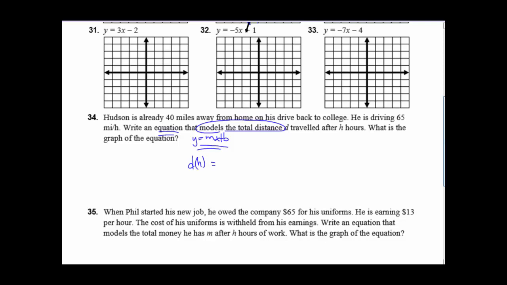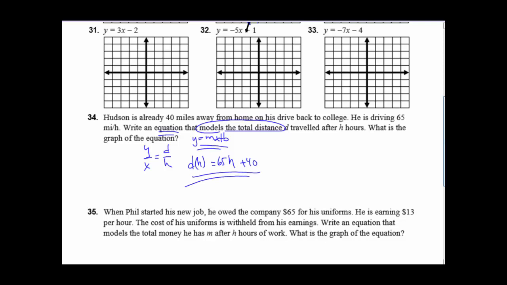So we're going to take our slope, whatever we have changing by the hours, and multiply it by h. If we have y over x, our y corresponds to d over h. So if we are driving 65 miles per hour, we can multiply 65 times however many hours we go, and we get a distance. But he's already 40 miles away, so we're going to add 40.